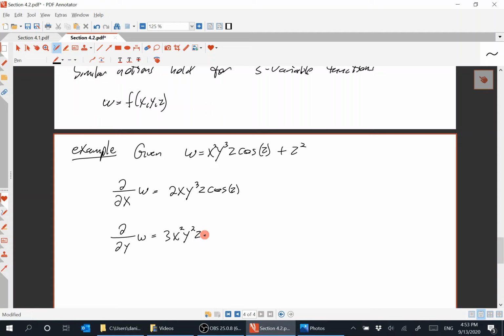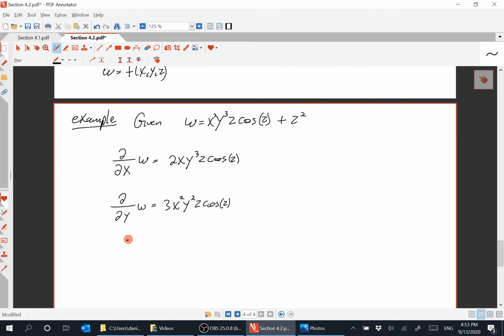The partial derivative with respect to y of w is equal to, well, 3y squared, 3x squared y squared z cosine z. All right, it's just 3y squared times that constant, in whatever order that you want, because multiplication is commutative, plus 0. There's no y there. Right? z is a constant. And the partial derivative with respect to z of w.